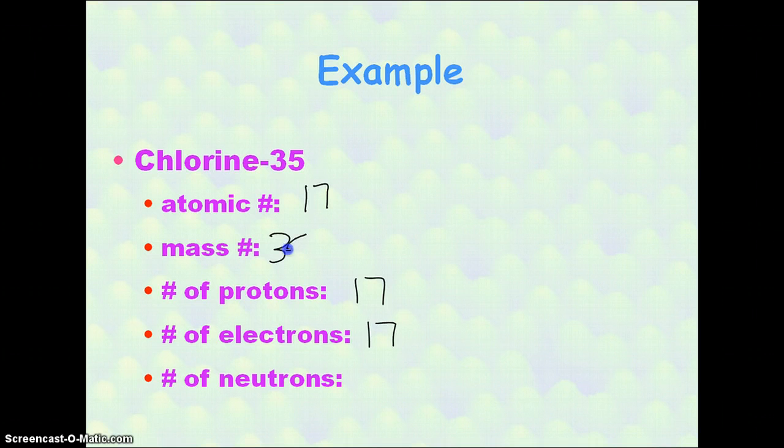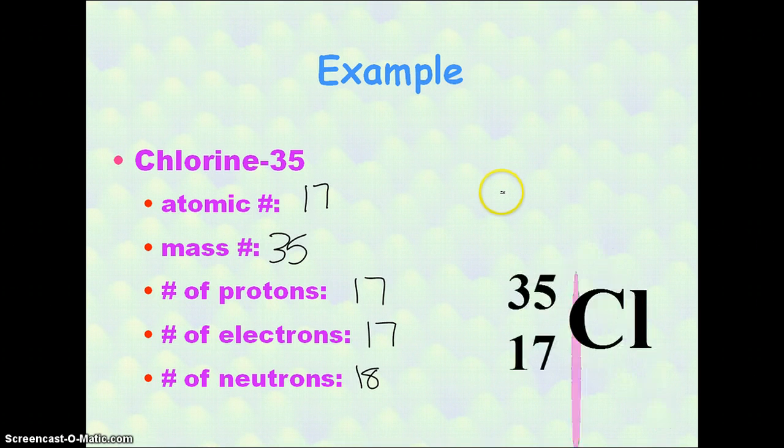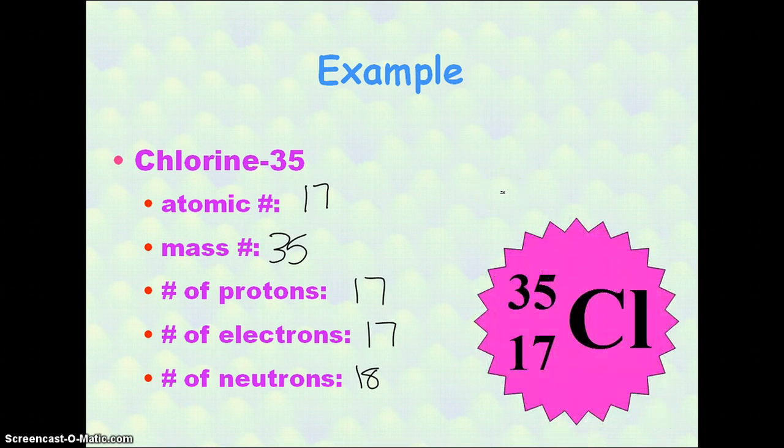Mass now, though, is 35. Okay, so then when we do our neutrons, we have 35 minus 17, which gives us 18 neutrons. So then when we write our symbol, the mass is 35, and then atomic number is still 17. So those two examples are isotopes of one another, okay?